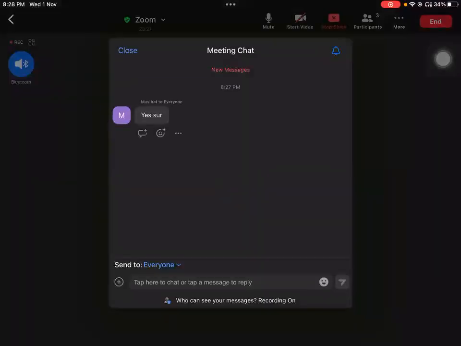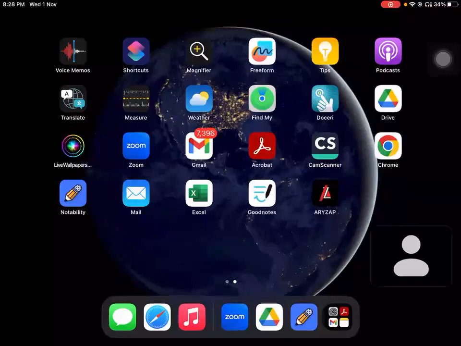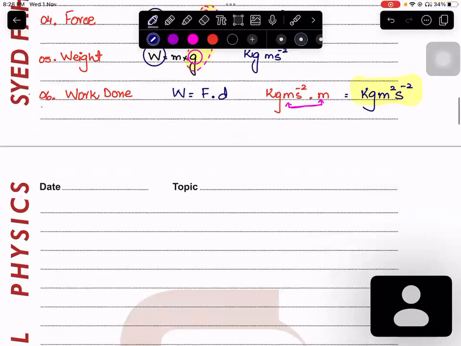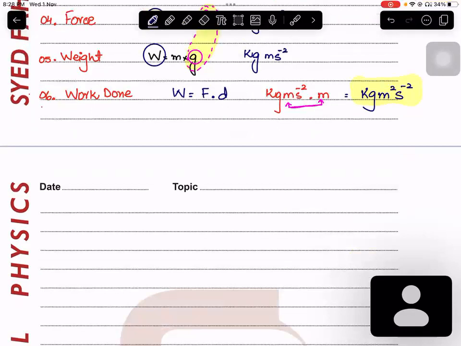So the unit is kg m^2 s^-2. In terms of standard unit, what we know is joules. In terms of basic units, this is kg m^2 s^-2. Are you clear on this, so that we can move ahead?